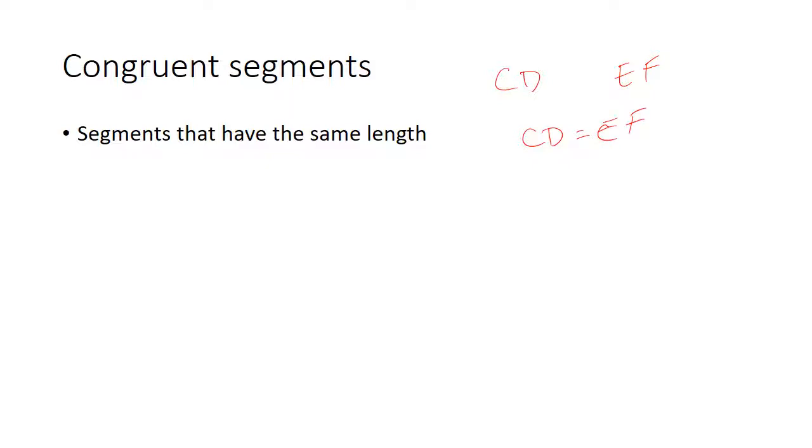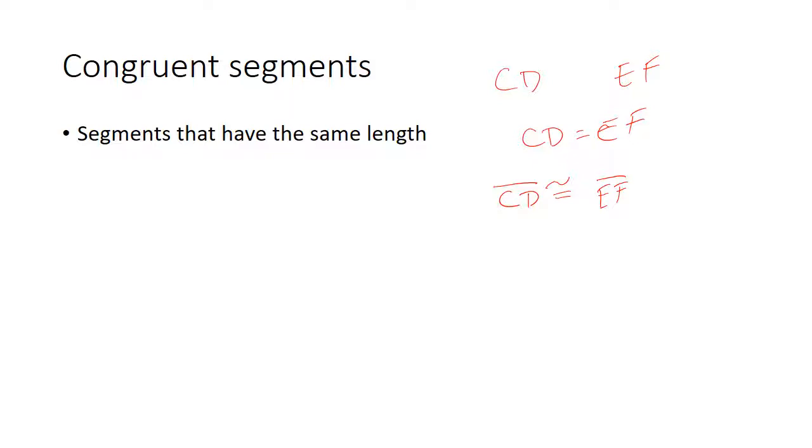But if we're talking about naming the segments, where we said CD and we said EF, and we're not talking about how long they are, in that case we're going to use congruency, which is an equal sign with a little squiggly line on the top.